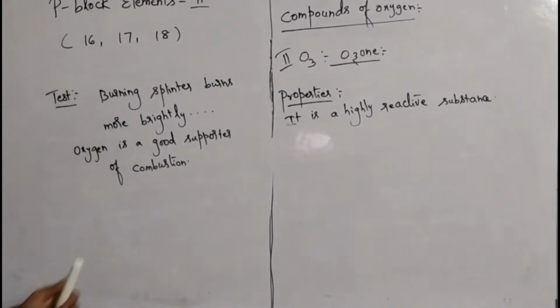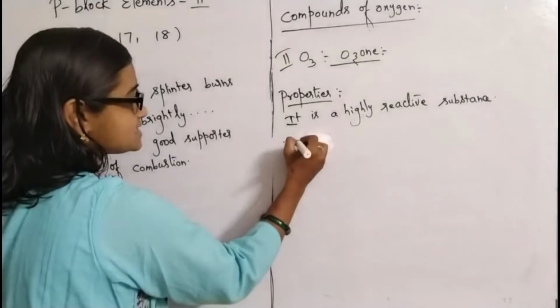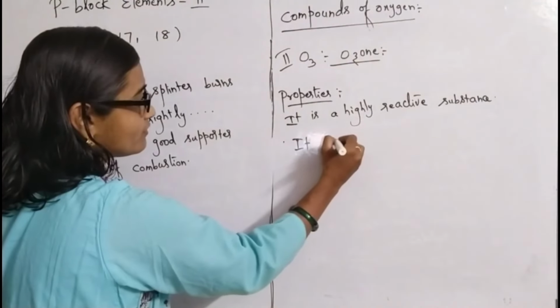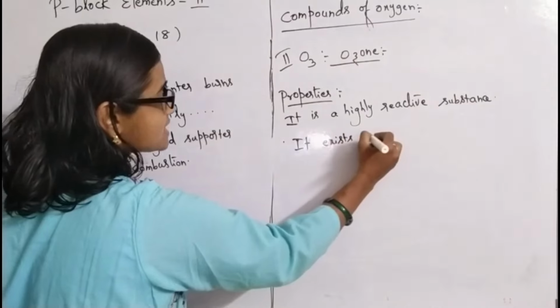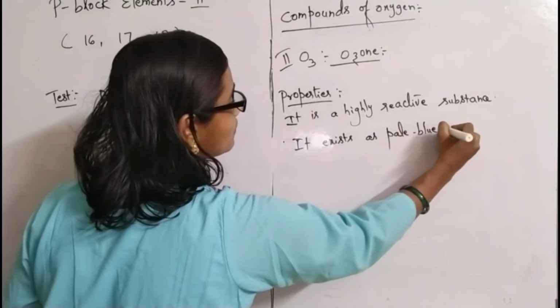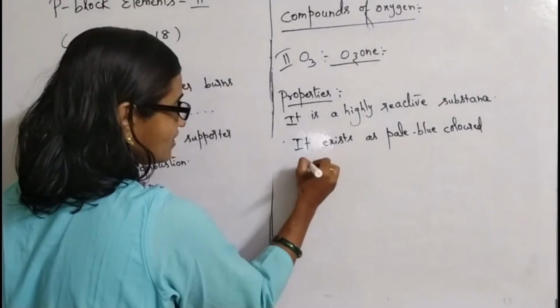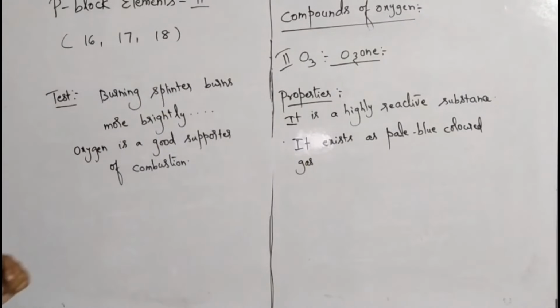And what about the other properties exhibited by ozone? It exists in the form of pale blue colored gas, dark blue colored liquid, or violet black solid. It can exist in three forms. In the form of gas, it exists like what? Pale blue colored gas.